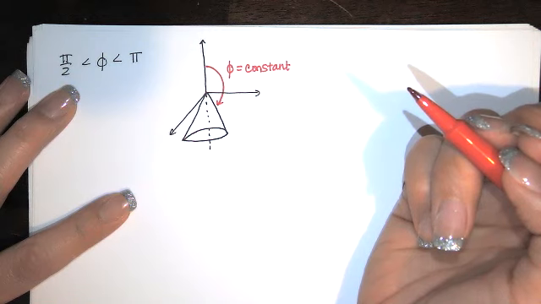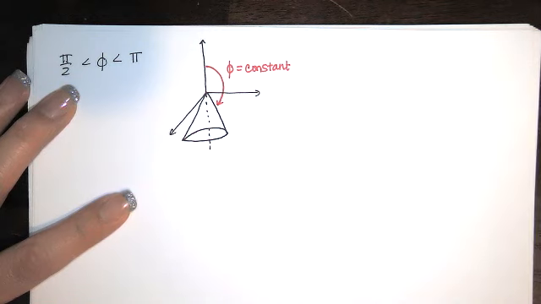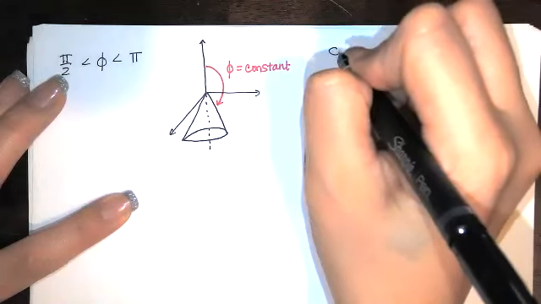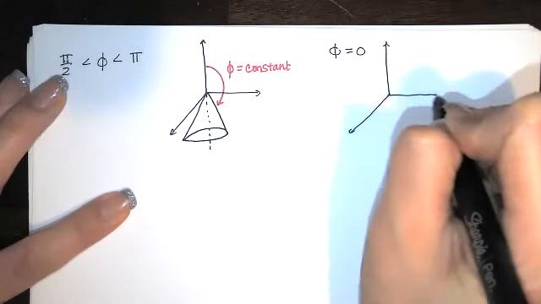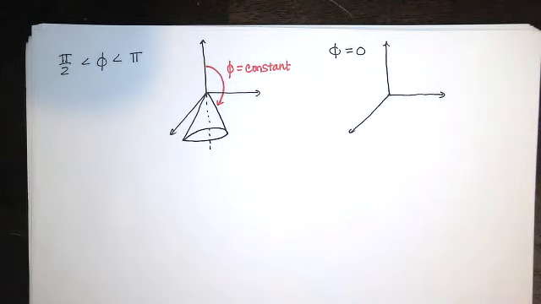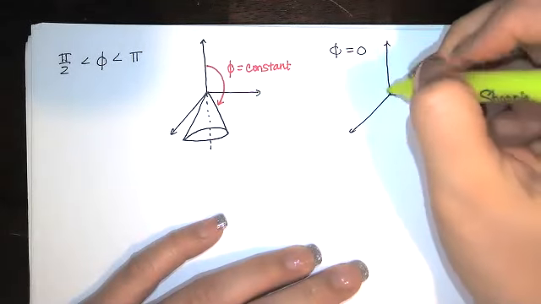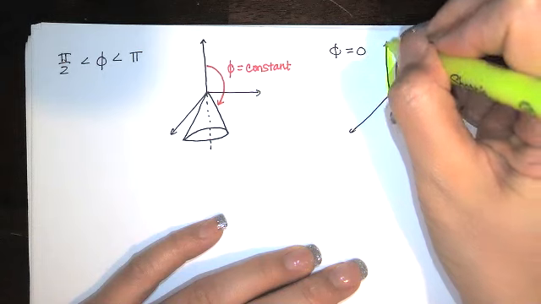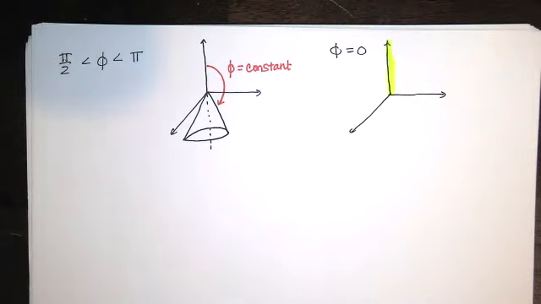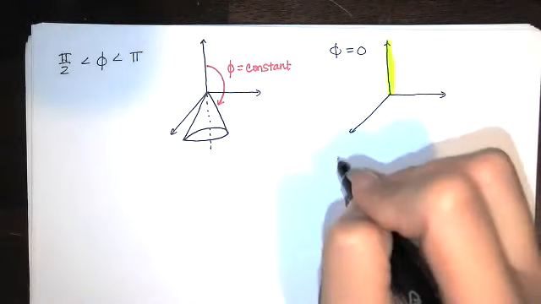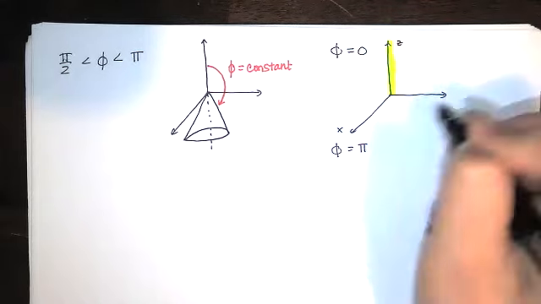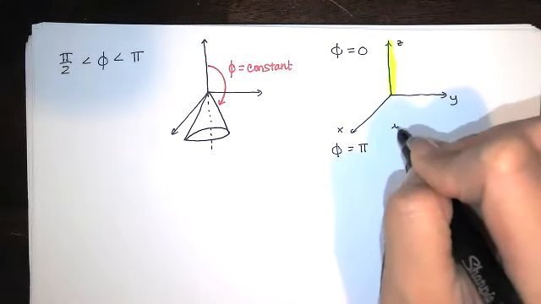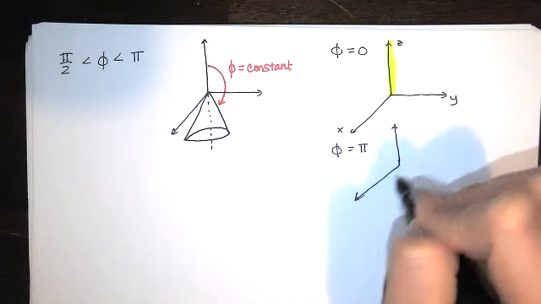Now, if phi equals 0, that means the angle that we're making with the positive z-axis is 0. So it's just the positive z-axis, which is kind of odd, because what we're saying is x and y are both 0, and z is ranging from 0 to infinity. If phi equals pi, well, we're on the negative z-axis in that case.